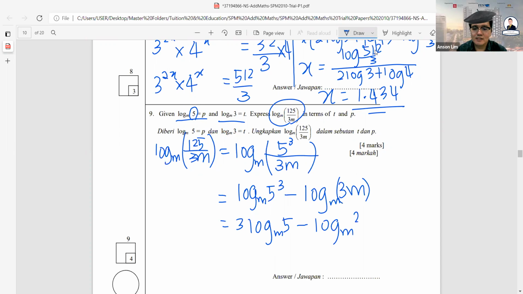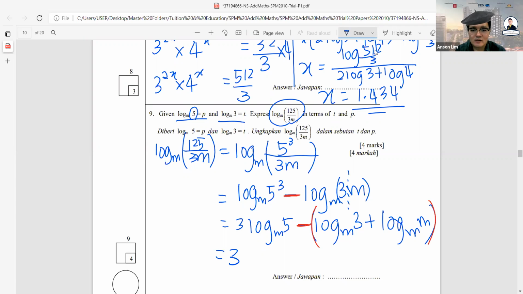You still can split, become log plus log, but then you have to put a bracket. A lot of students make a careless mistake here. They didn't realize it is minus the whole log thing, so I have to put a bracket. Because you split the 3m into 3 times m here, become log plus log.